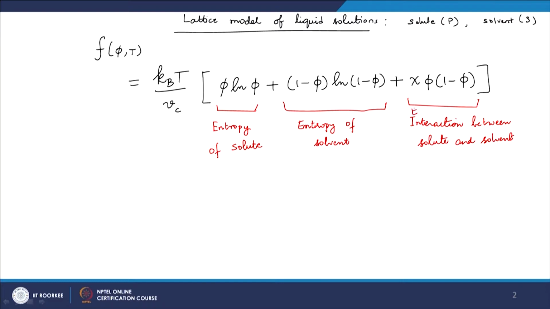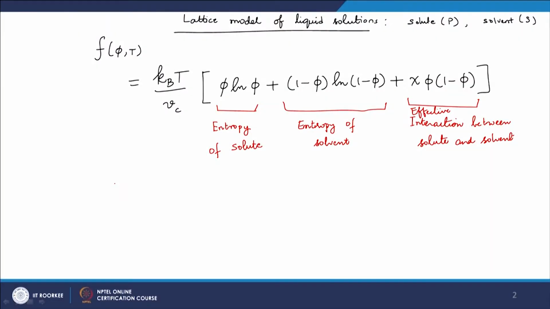I will use the word effective interaction here, just to remind you that chi came from an effective energy delta epsilon, and delta epsilon was something like epsilon pp plus epsilon ss minus 2 epsilon ps. That is, it depends not only on the solute interactions, but also solute solvent and solvent solvent interactions. So, it is like an effective interaction between the solute and solvent.